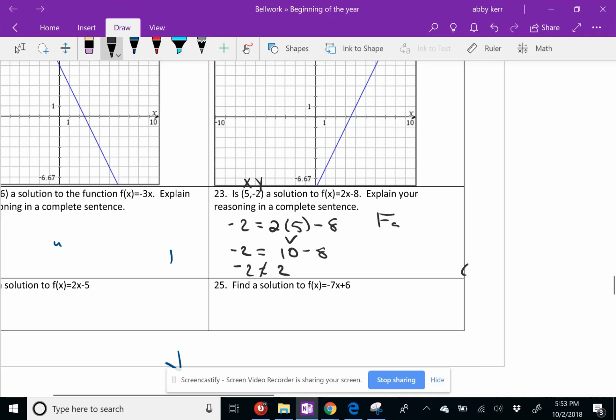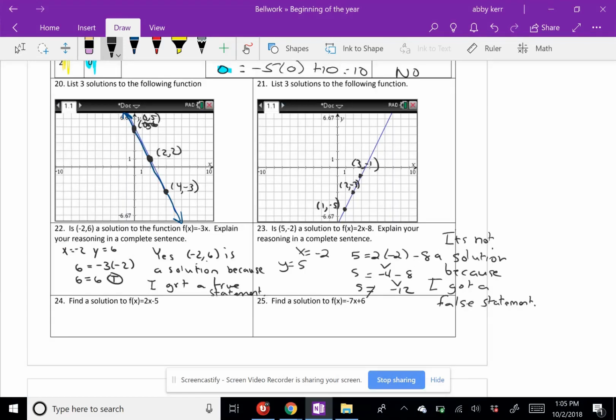So that is still a false statement. So it's not a solution. Now, of course, that's not really a complete sentence. You would probably say it's not a solution because it's a false statement. But you get the point.